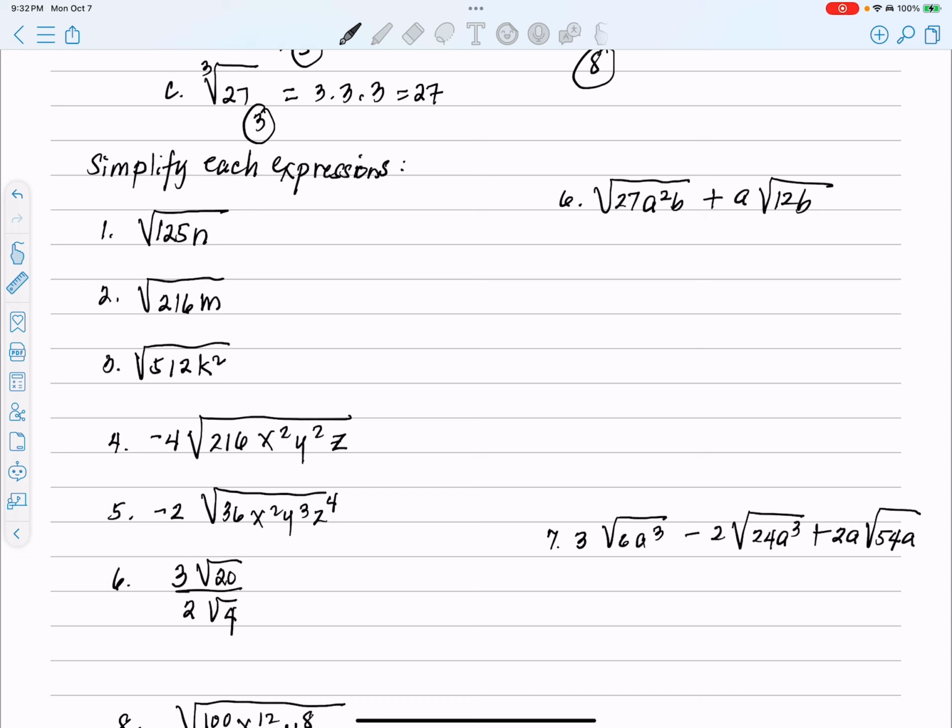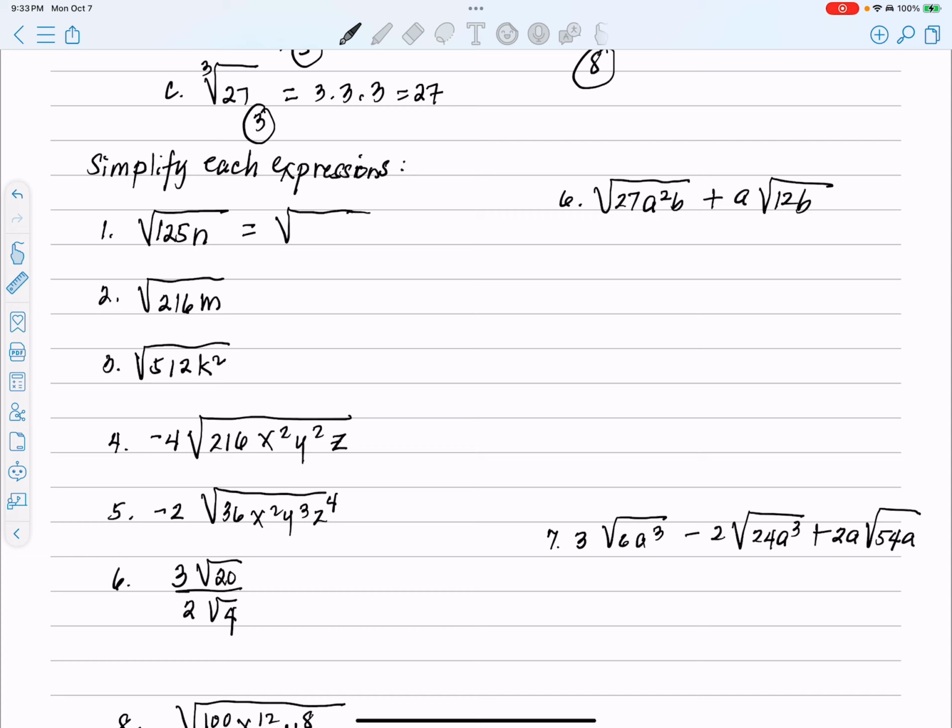Number 1, this is a simple one. Square root of 125n. Is 125 a perfect square? No, right? So what we're going to do is factor 125 in such a way that one factor is a perfect square.